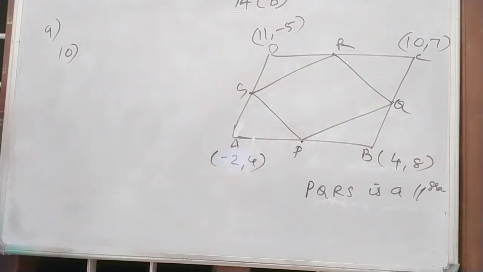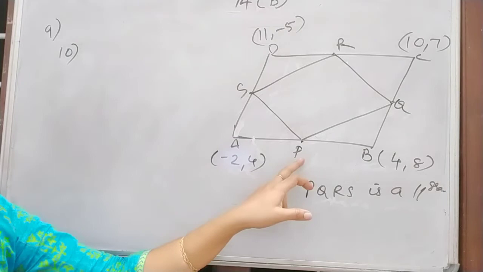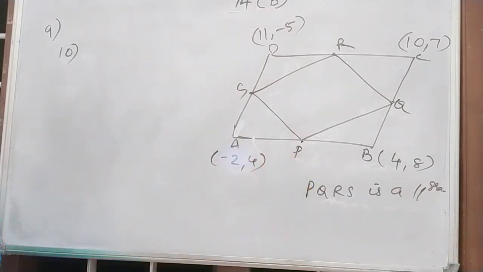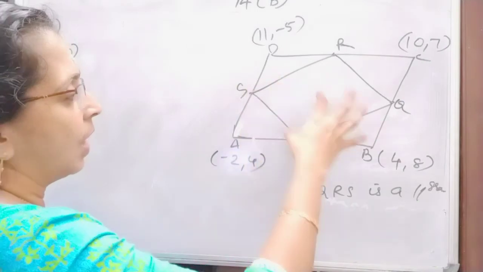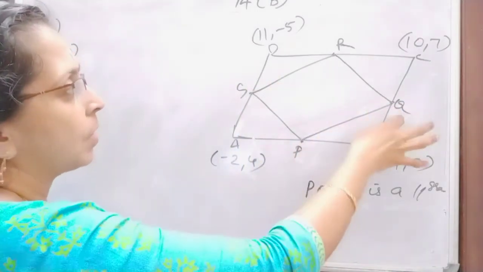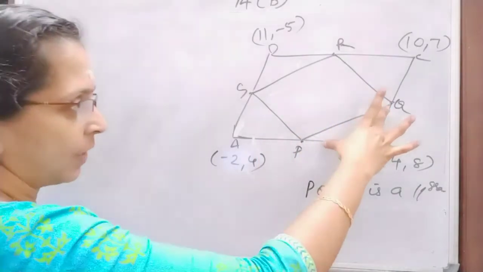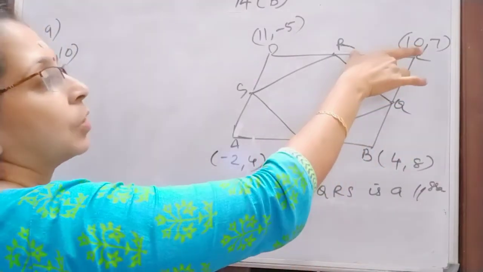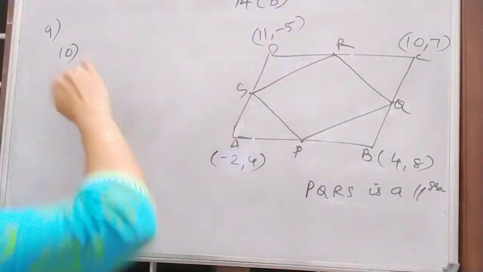If we get the points P, Q, R, S, then only we can find the slopes. That is, we have to find out the slope of PQ, QR, SR, PS. Same as the previous question, 9th question.